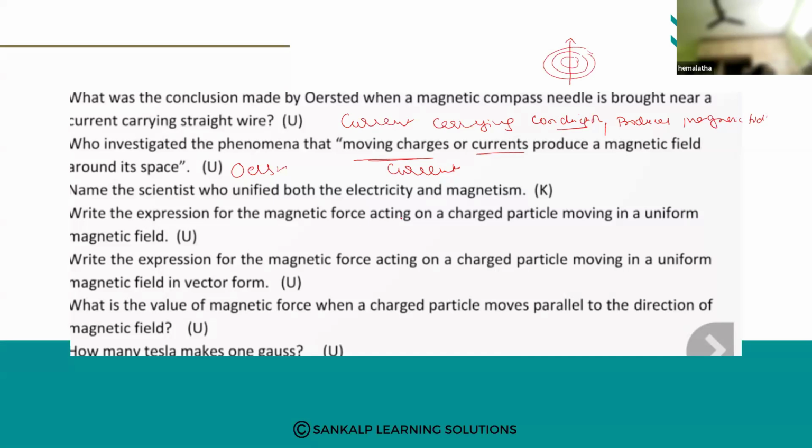And the scientist who unified both electricity and magnetism is Maxwell. So James Clerk Maxwell unified both electricity and magnetism.